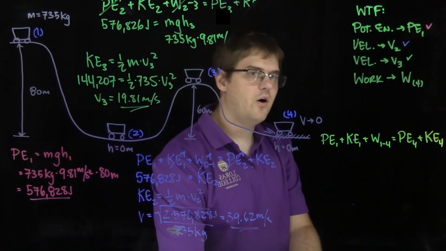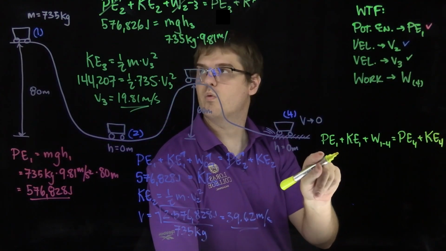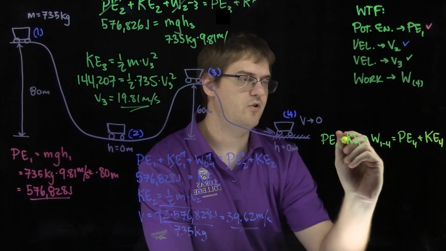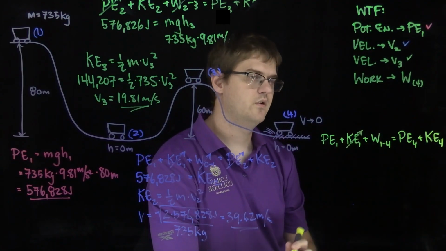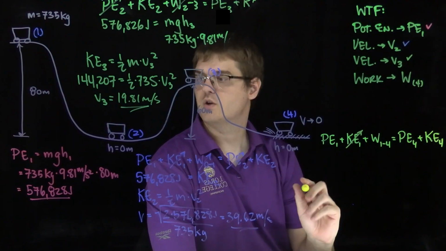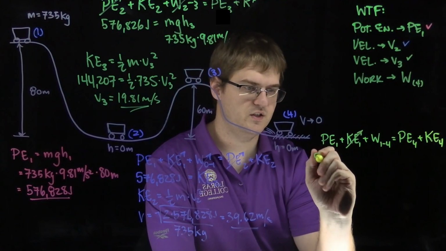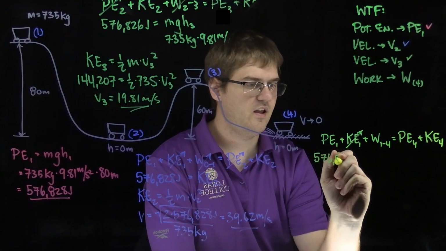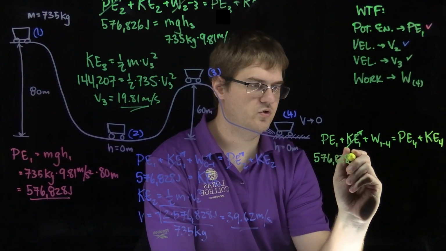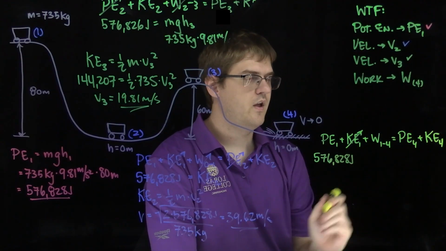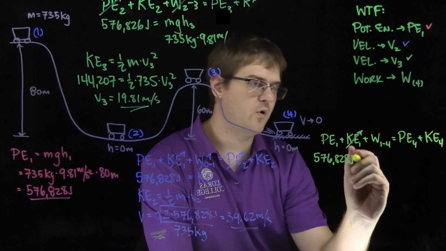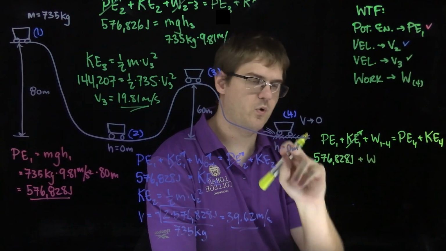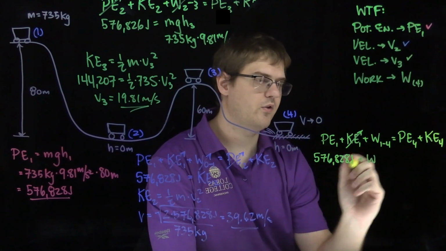Okay, I have already worked with 1, and I know that I have no kinetic energy there. I do have a potential energy, and I do know that that potential energy is 576,828 joules. Work between 1 and 4 is the work that's happening right here because we don't have any other work happening.